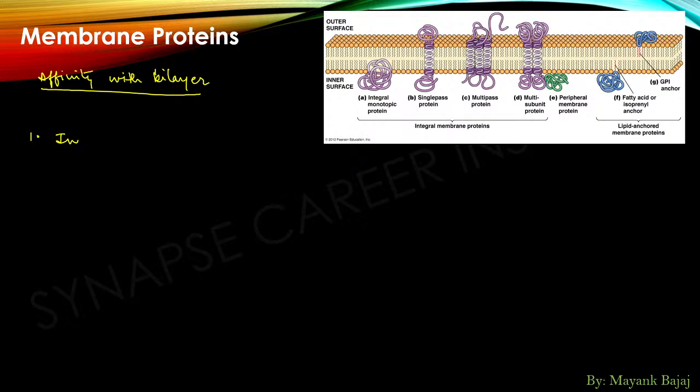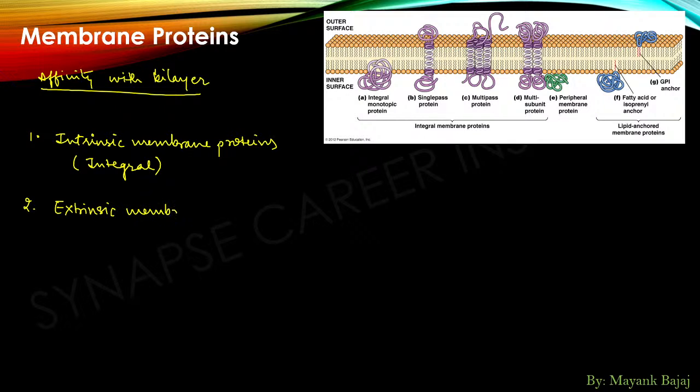The first one is intrinsic membrane proteins, also called integral membrane proteins. The second is extrinsic membrane proteins, also called peripheral membrane proteins.